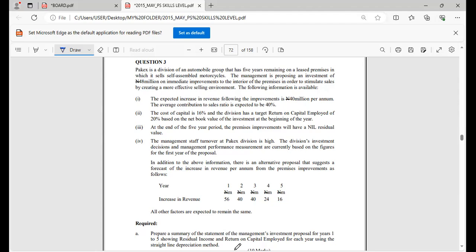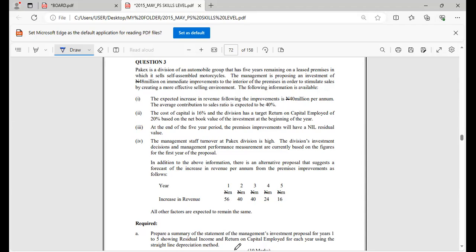The management is proposing an investment of 48 million on immediate improvements to the interior of the premises in order to stimulate sales by creating a more effective selling environment.